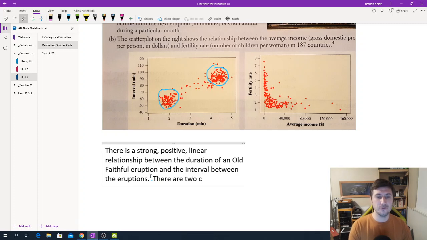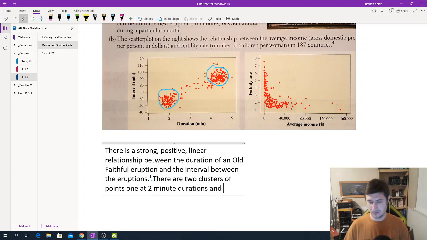There are two clusters of points, one at 2-minute durations, and what does that look like? So that's about 2 minutes. This cluster somewhere centered on 2. How high? Maybe 60 at a 60-minute interval.